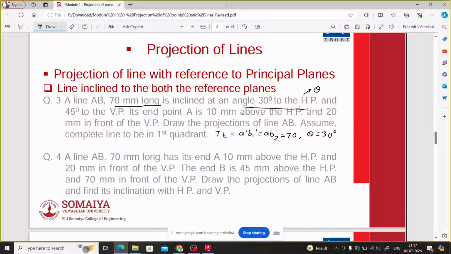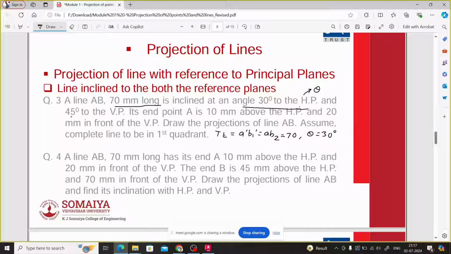Line is making an inclination, that's why it should be taken as theta, it should not be taken as alpha or beta. Are you getting this? Because who is making inclination? True length is making inclination. If the inclination is made by the true length, it is always theta or phi, and the inclination made with respect to HP, that's why it is theta.